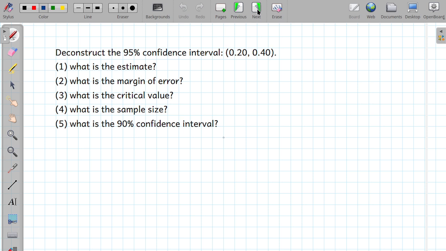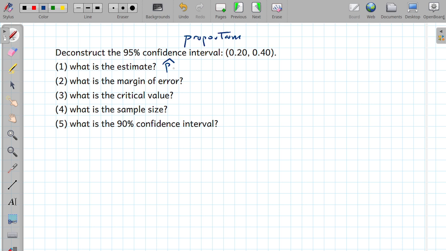Okay, what else we got going on here? I wanted to do this question. Here we have a 95% confidence interval for proportions. Okay, so what is the estimate value? Well, that's p hat. Now, how do you get p hat from an interval?